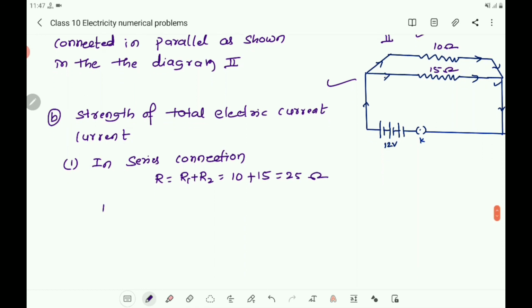And you write the formula for the current, I equals V by R, that is V is 12 and R is 25.